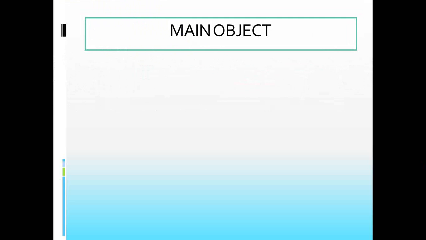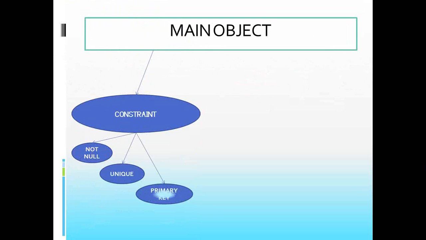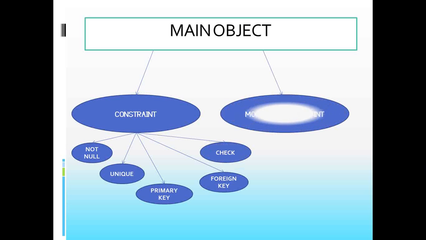So we have two main objects here. First, constraint. Constraints are divided into not null, unique, primary key, foreign key, and check. And the second object is modifying constraint.